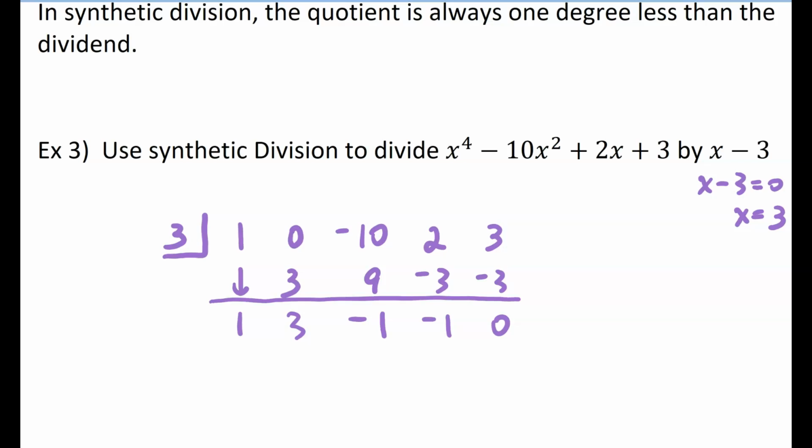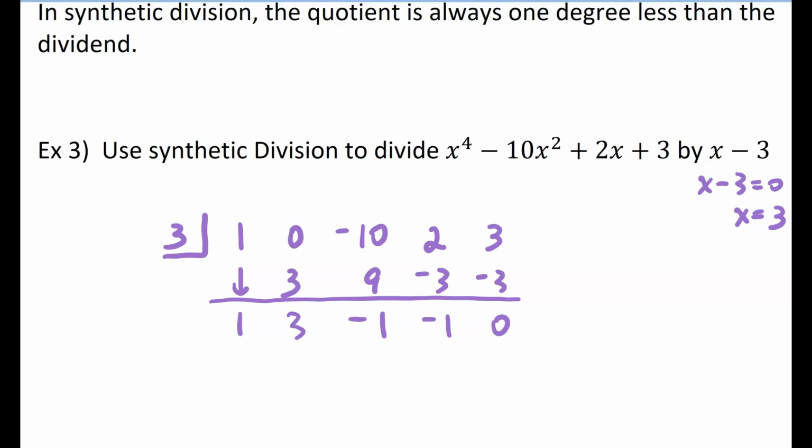Do you see how quick and efficient synthetic division can be? The fact that we got 0 at the end, what does that mean? There's no remainder, which means that x minus 3 is a factor of this dividend.